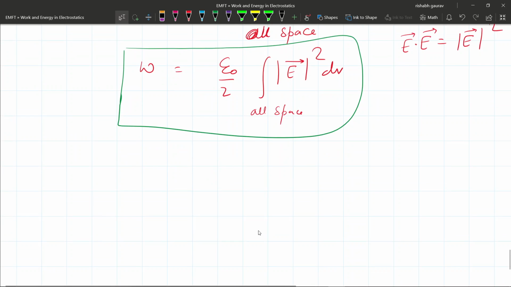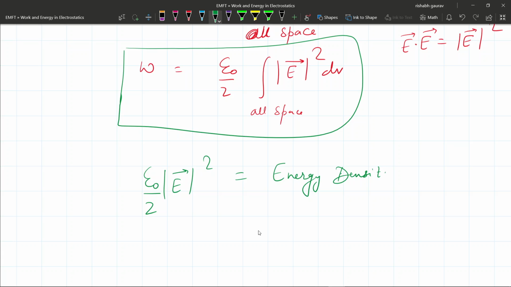Now this particular term is known as energy density. That means it is the total stored energy per unit volume for a continuous volume charge distribution.